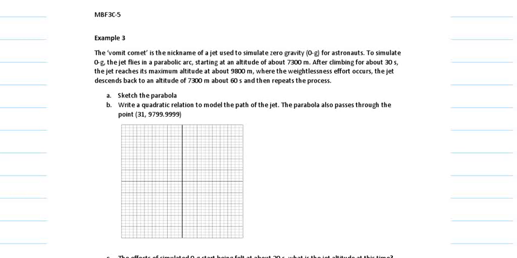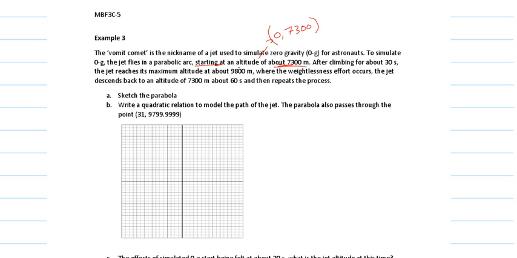So at time 0, what is the height of that jet? 7,300. So my first point is the initial point, right? Because it says so. My point right here is (0, 7,300), because my initial time is 0. Good.